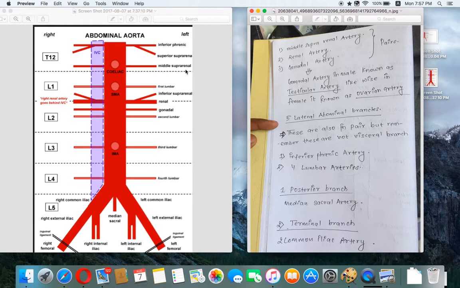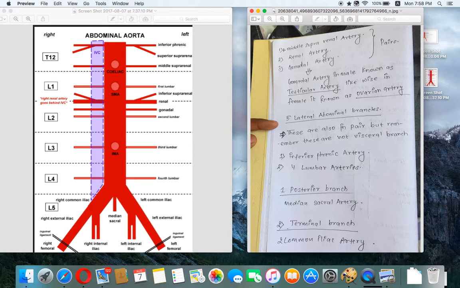The very first one is the middle suprarenal, the second one is the renal artery, which of course supplies the kidney. Then we have the gonadal artery. So we came to know about the three arteries that are the lateral visceral branches of the abdominal aorta.